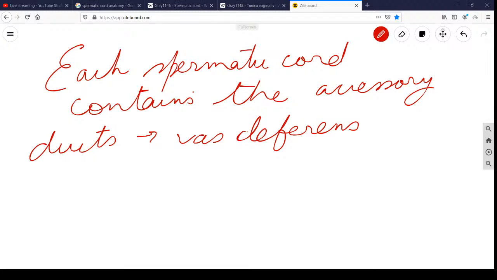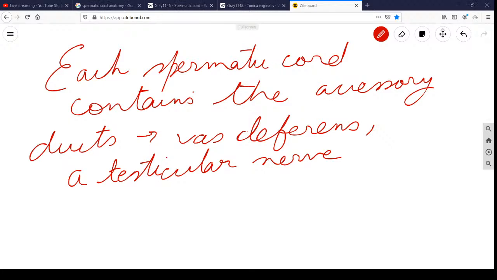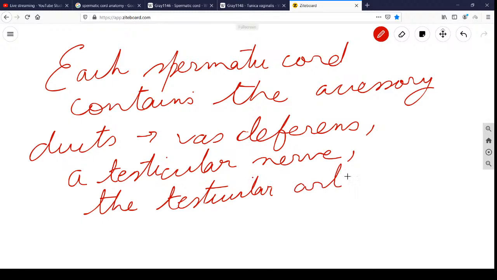It does contain a testicular nerve, the autonomic nervous system, a testicular nerve. Then it also contains three coiled blood vessels, the testicular artery, also known as spermatic artery.